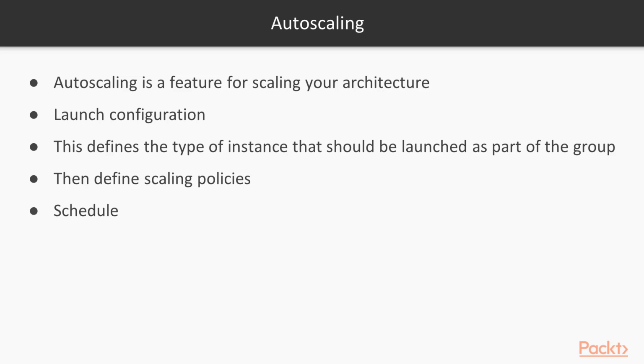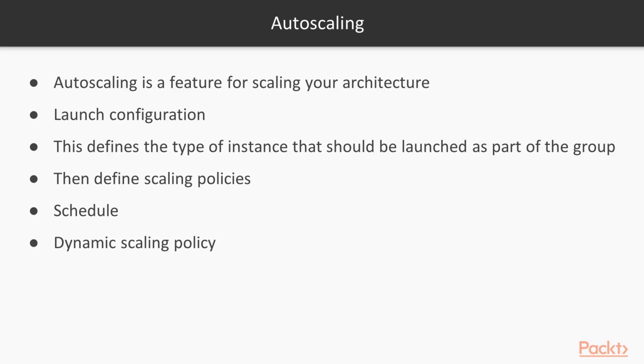So you could say every day in the morning, increase or scale the number of instances in your autoscaling group. You could also add a dynamic scaling policy. So in the dynamic scaling policy, you could say that increase the number of servers in our group based on a particular threshold. So let's say if the CPU utilization of your underlying servers is going beyond a particular threshold, then go ahead and add new servers to the autoscaling group.